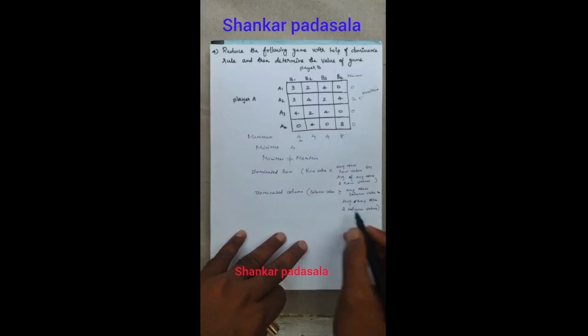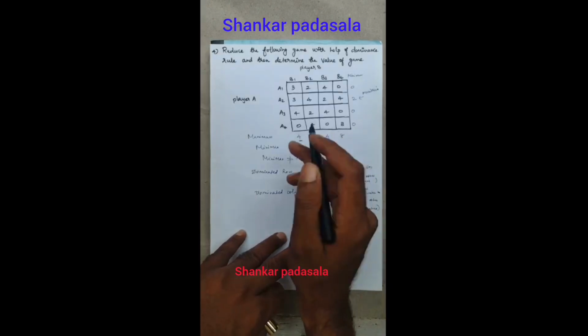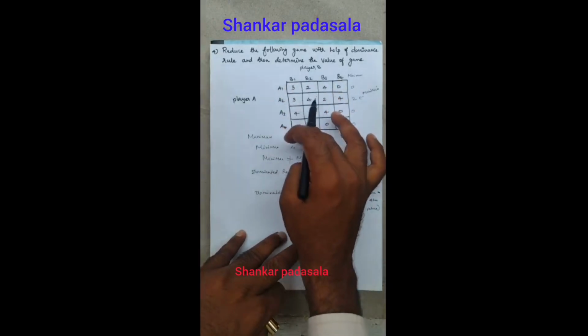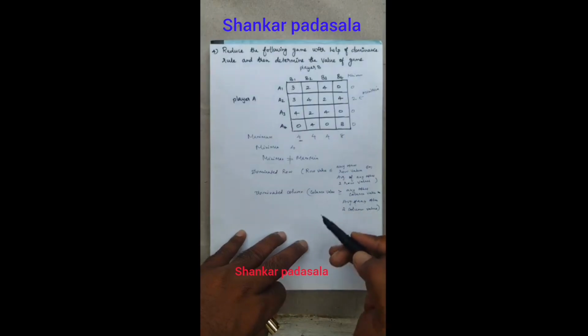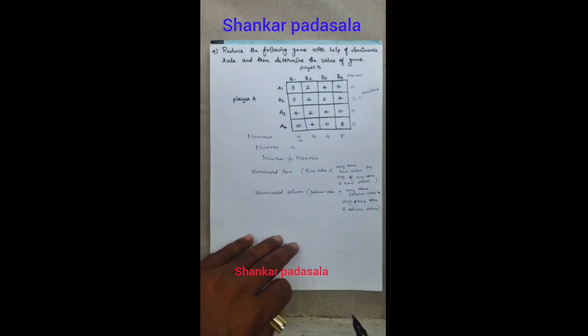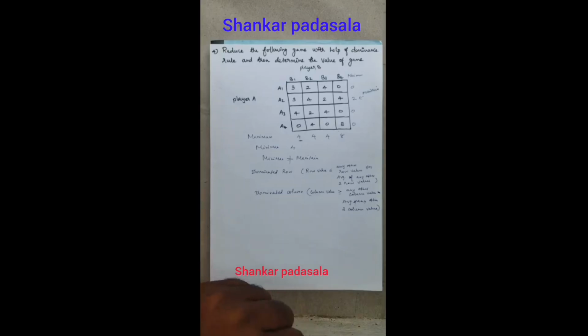So we compare one row with another row; if it is lesser than the other row, we call it a dominated row. Any column which is greater than some other column we call a dominated column. So we're going to delete the dominated row and dominated column.